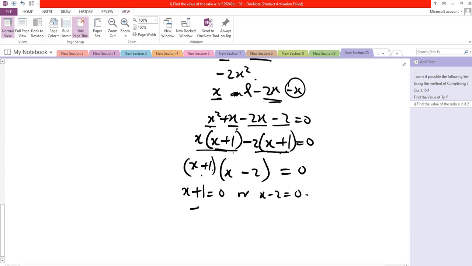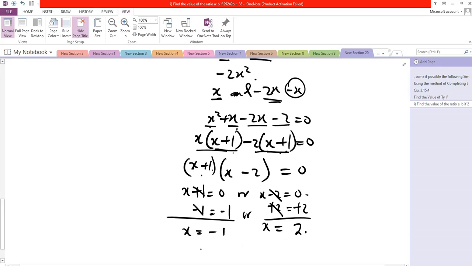For this one, if you add minus 1 to both sides, this will cancel this. You have x equal to minus 1. Or if you add plus 2 to both sides, this will cancel out. You have x equal to 2. So x is equal to minus 1 or 2.